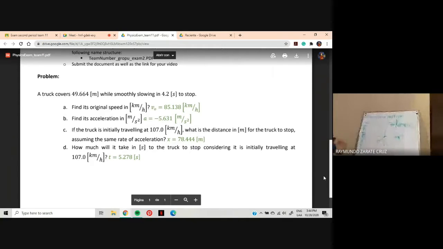The first things we need are the initial position, the final position, the initial velocity, the final velocity, the acceleration, and the time. These will help us, as I mentioned, to obtain the solution.